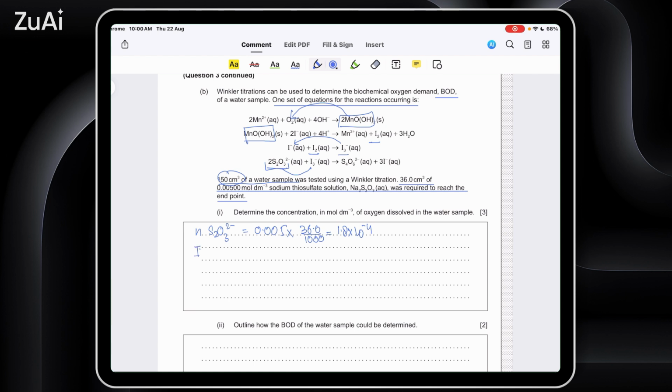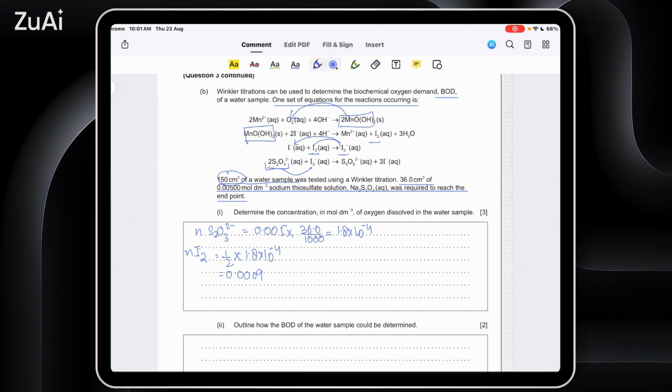So what are the I2 moles then? They should be half. How do we know? 2 to 1, and from this and this they are the same. So indirectly I2 moles should be half. So 1 by 2 times 1.8 times 10 to the power negative 4. So we will get 0.0009.